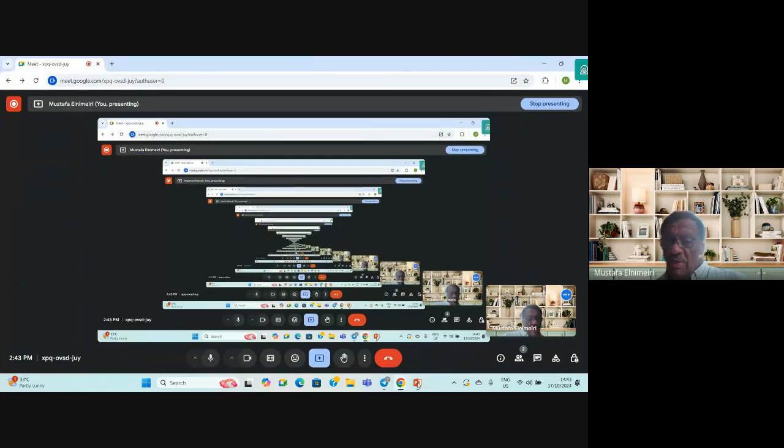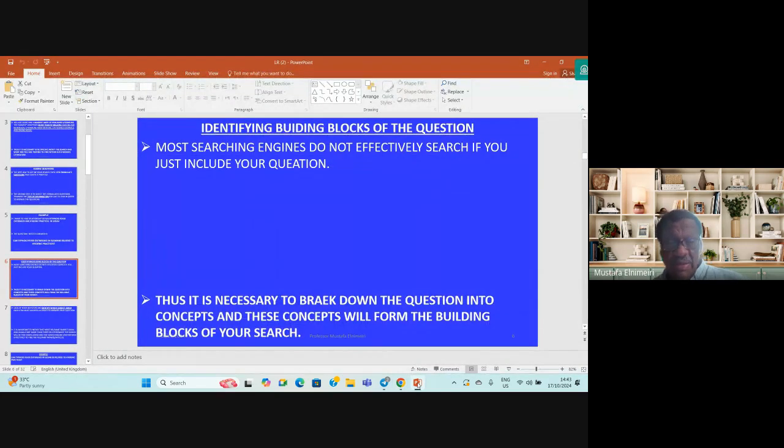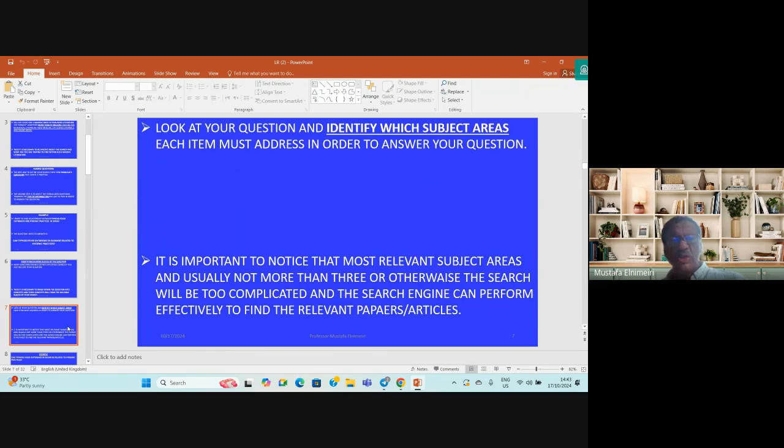If you put the question into the search engine, usually the search is inadequate. So it is necessary to break down your question into concepts, and these concepts will form the building blocks of your search, and this will facilitate the whole research process.